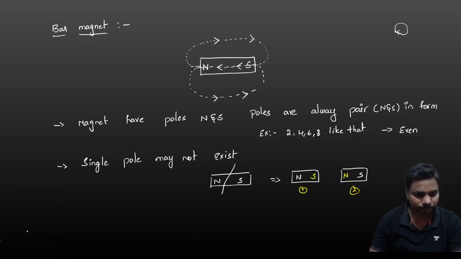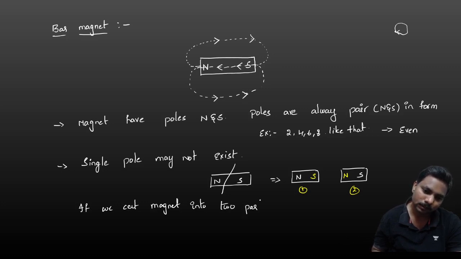Note down, if we cut a magnet into two parts, then two new magnets are created.